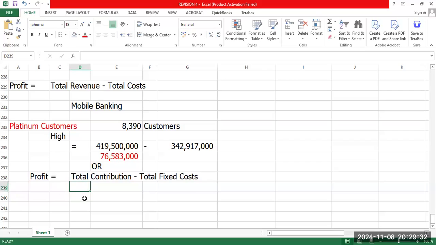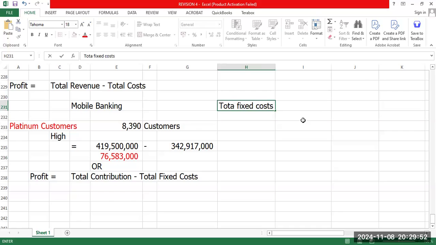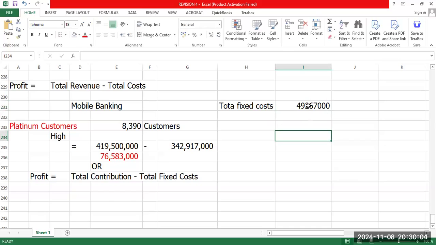Remember, to get contribution, let me just write fixed costs somewhere. Total fixed costs is equal to 49,267, like this.